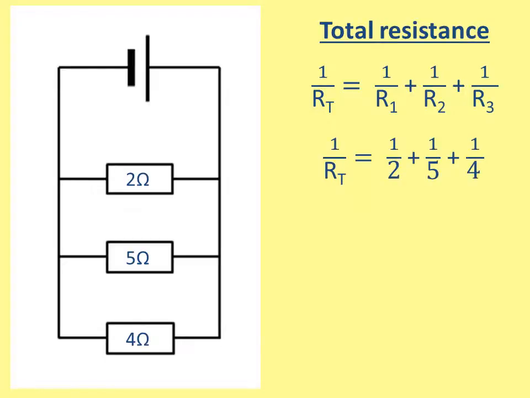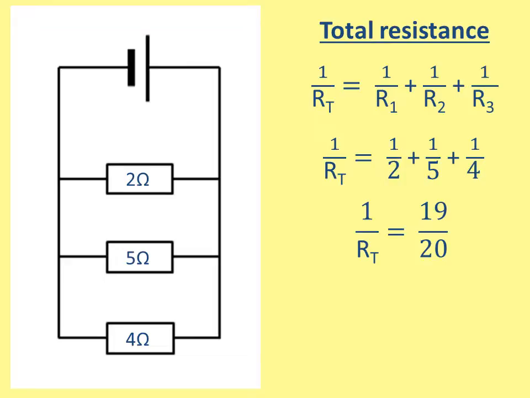We know that 1 divided by the total resistance is equal to the sum of these fractions. If we use a calculator, we can find 1 over the total resistance is equal to 19 over 20. But this is equal to 1 over the total resistance. So to find this answer, we can do a little mathematical trick.